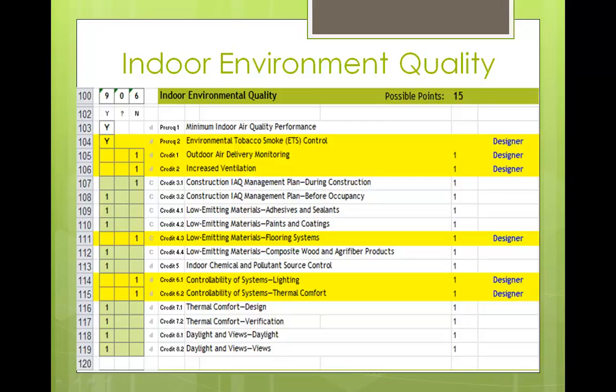Once again, this is not attained because they are not used in the original house. For Controllability of Systems, thermal and lighting, these systems are not used in the Lambda Chi House, therefore no credits can be given, and it would be too expensive to replace them, so it's not economically feasible.